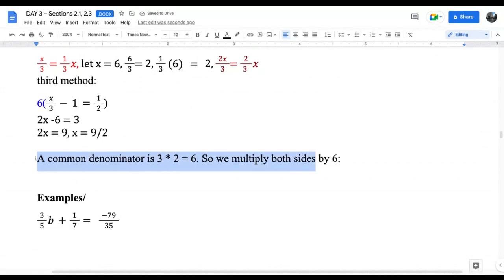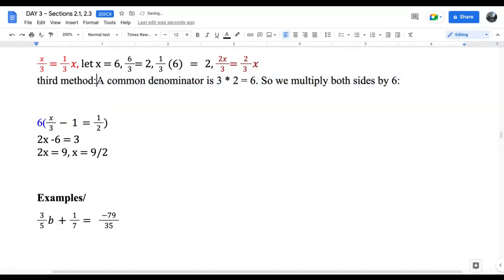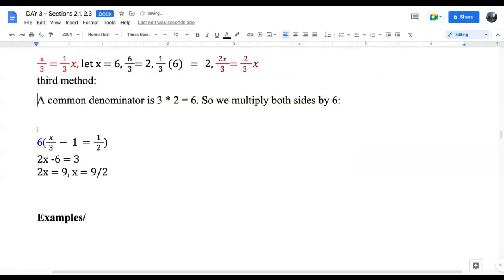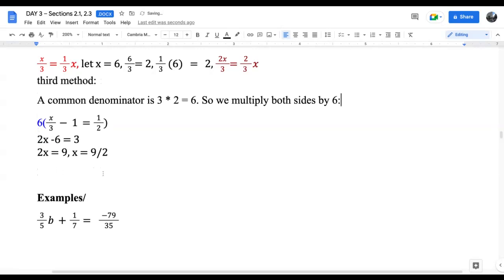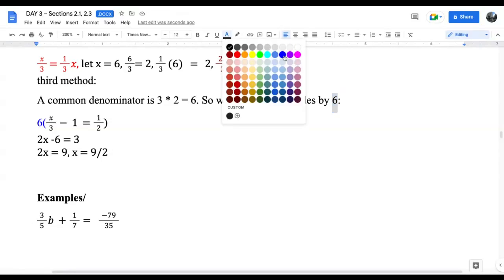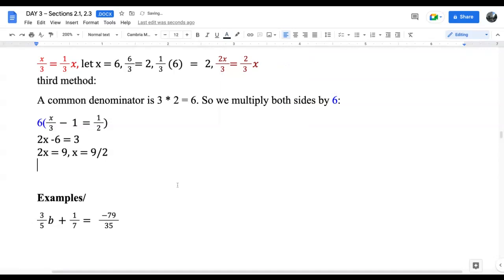So let me add this one to here. Right. So multiply both sides by 6, because 6 is the common denominator.